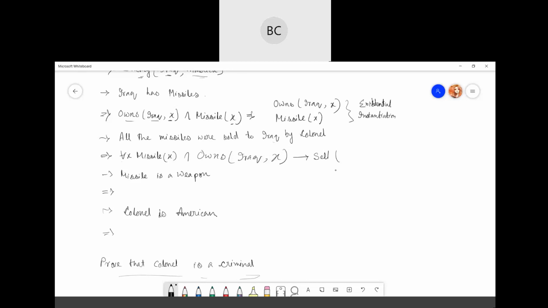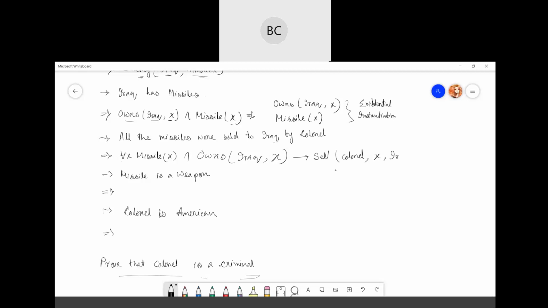Initially, in the first one, we wrote Sells(X, Y, Z), meaning X sold missiles Y to Z. But here we have names. Who sells? Colonel sells missiles. What is the missile here? X is the missile here. To whom?